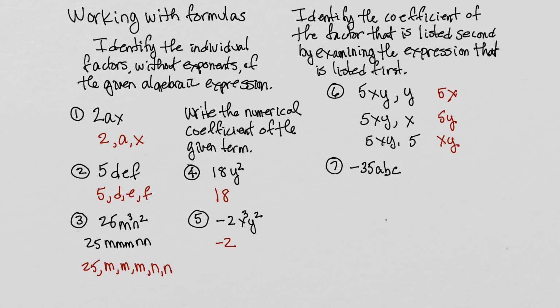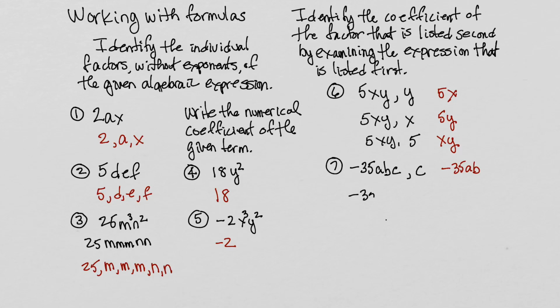In problem number 7 here, let's take a look at this expression, and why don't we write the coefficient of c? So we'll get the coefficient of c by looking at c and then identifying everything that's multiplying it. So here's what's left over. There's the c. What's left? What's left is this multiplier, which is -35ab. Let's write it again.